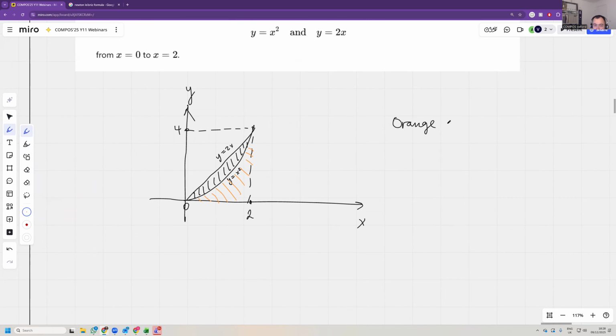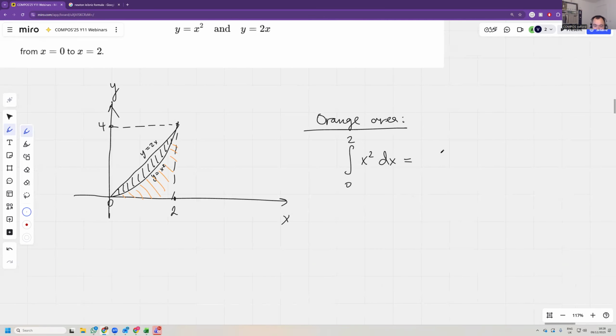The orange area is the integral from 0 to 2 of x squared dx. That would be x cubed over 3, because the antiderivative, using the formula, between limits 0 and 2. So we substitute 2, and that's 2 cubed over 3 minus 0 cubed over 3, which is 8 thirds.